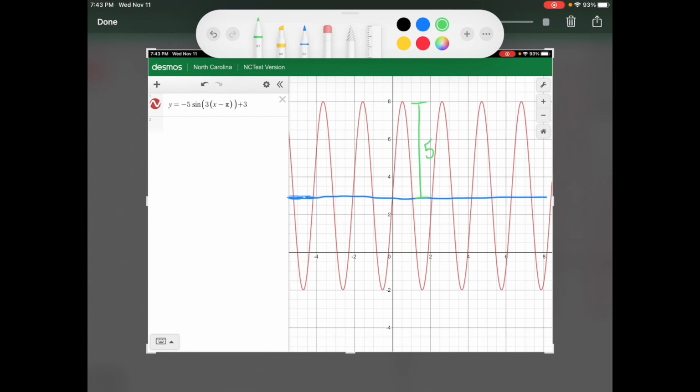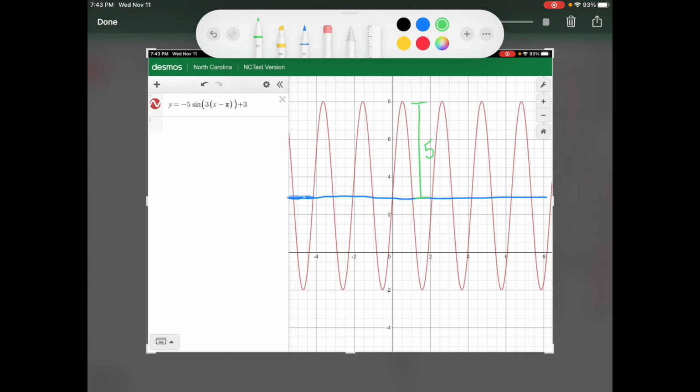We have our phase shift. Remember, a sine graph normally starts at 0. So in order for us to start at 0, we actually shifted pi units to the right. And then we went up by 3 units, okay?